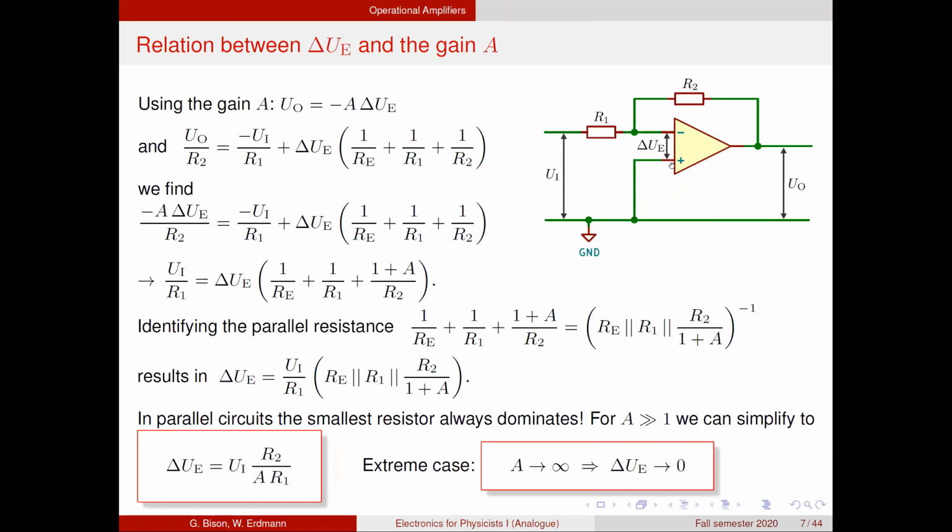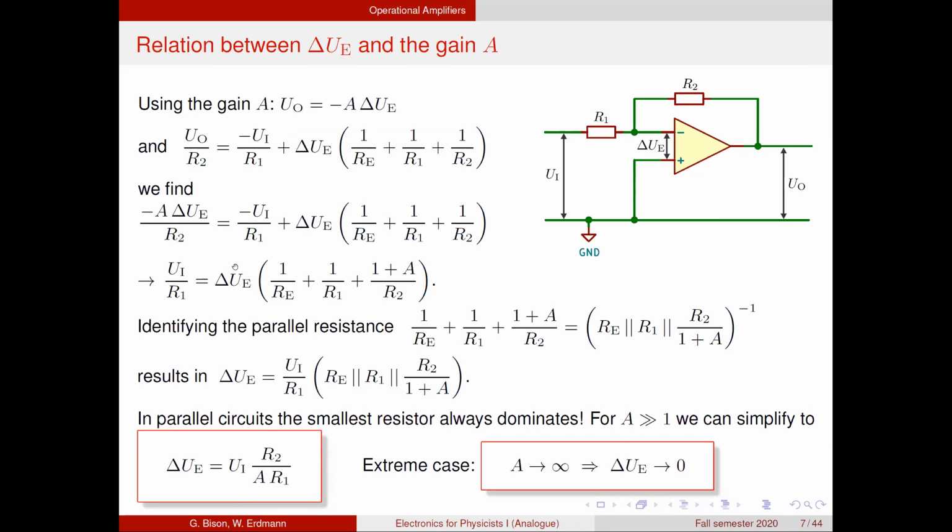And then we can take the result we just calculated and replace the output voltage with this input voltage term and put all this on one side, as you see here. Then we identify this here as a parallel resistance. And we solve for the differential input voltage, and then we see that we come up with such an expression.